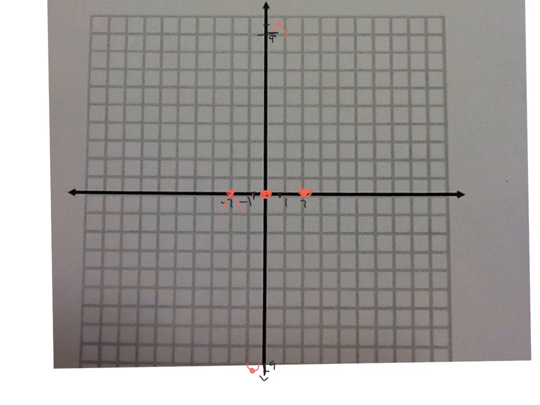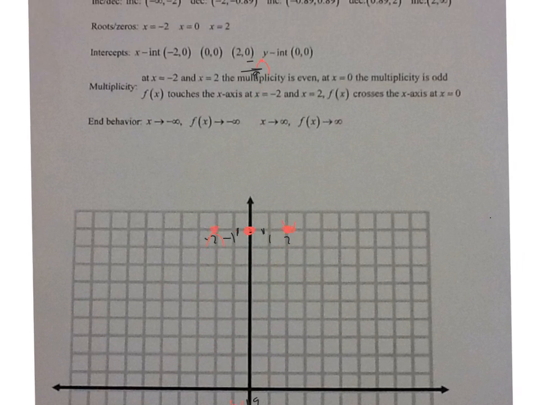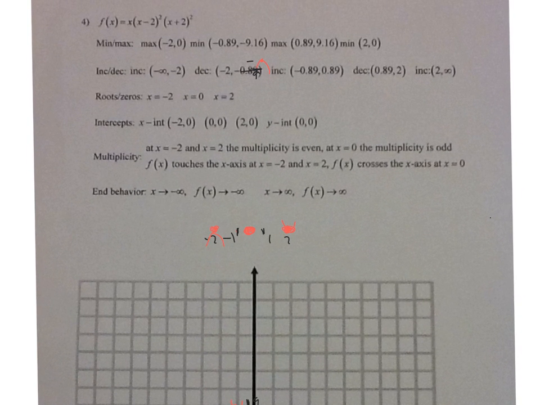All right, so let's take a look at where it's increasing and decreasing here. It is increasing from negative infinity to negative 2. Okay, so let's go back to our graph.